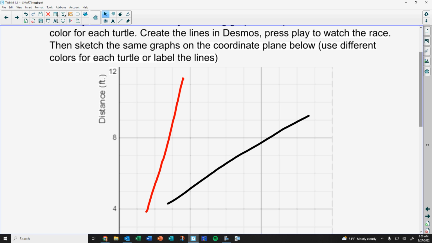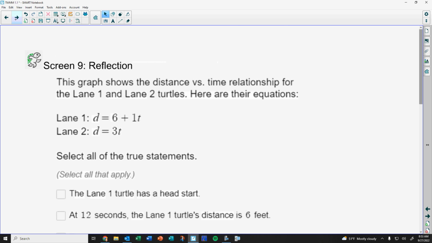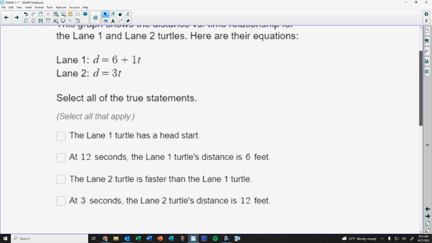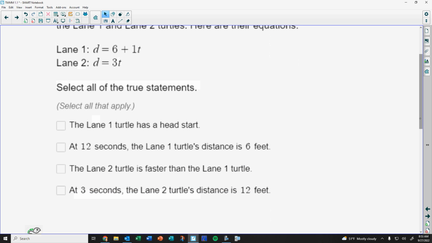All right. So let's answer the last part here. This graph shows the distance versus time relationship for lane 1 and lane 2. So those are the equations, right? So which statements did you check? The lane 1 turtle has a head start. How many groups check that one?